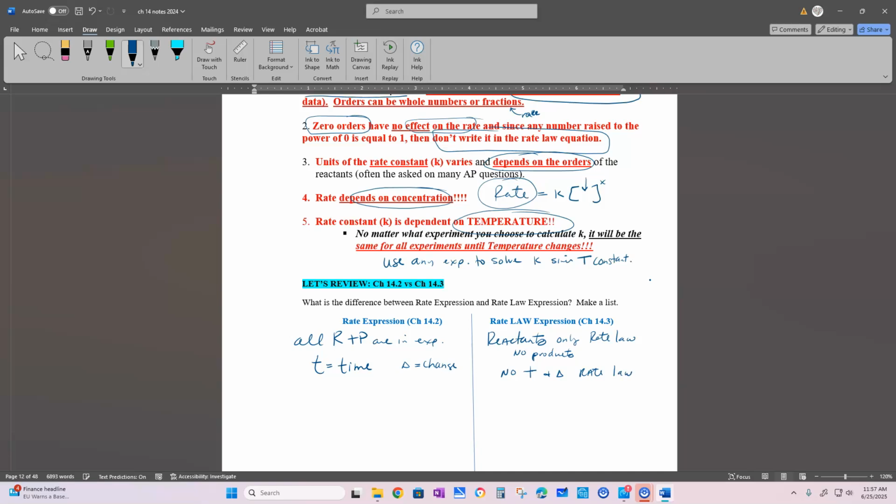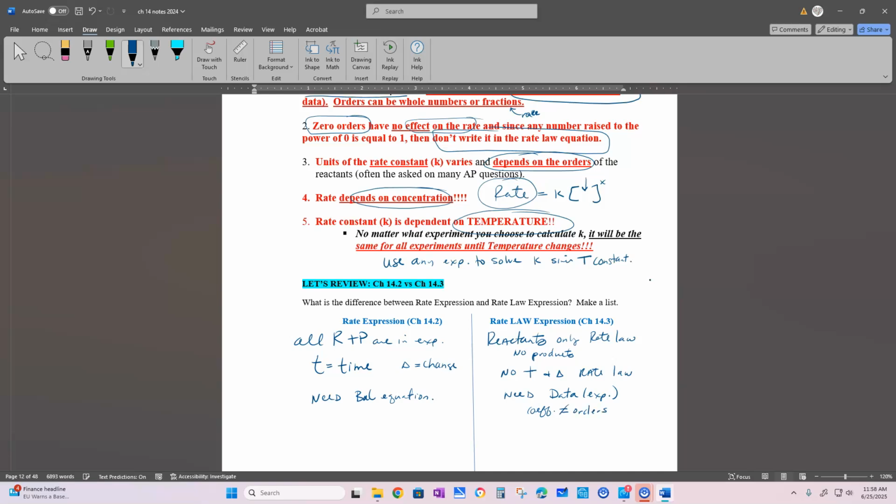With the rate expression, all you need is a balanced equation. With rate law, you need data. You need experiment. Because remember, coefficients are not the orders.